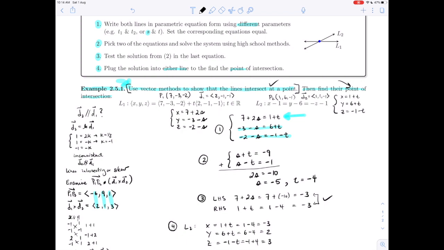And so that tells us that our point of intersection is the point minus 3, 2, 3. So minus 3, 2, 3 is the point of intersection of L1 and L2.